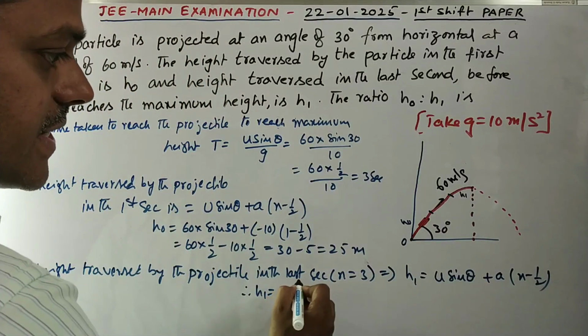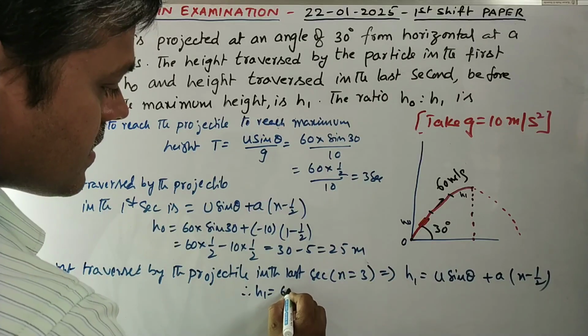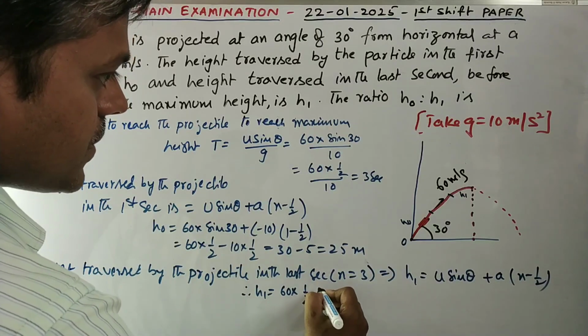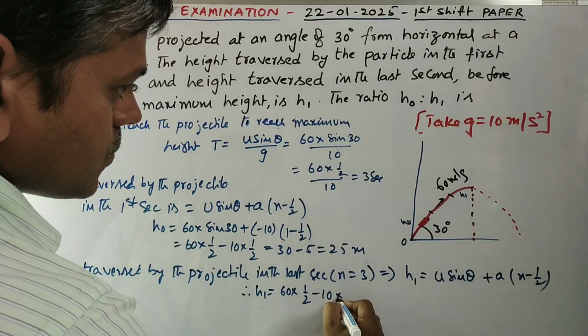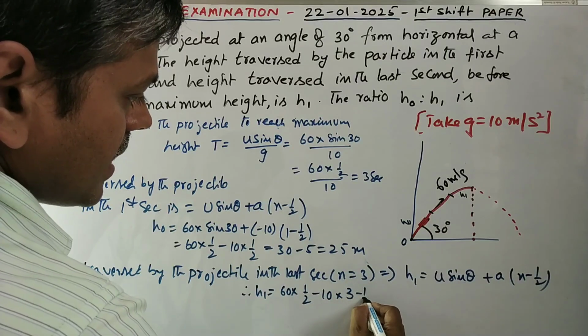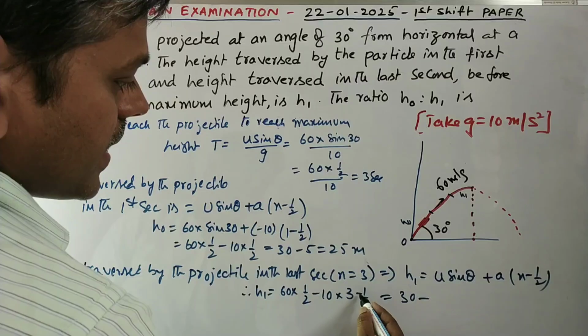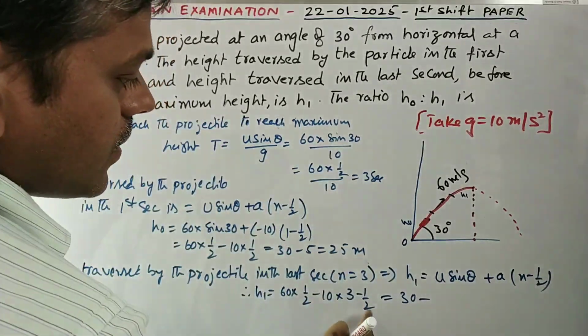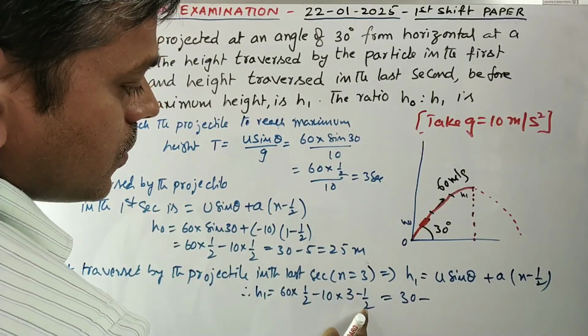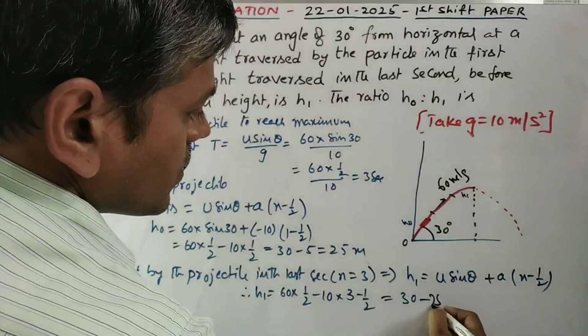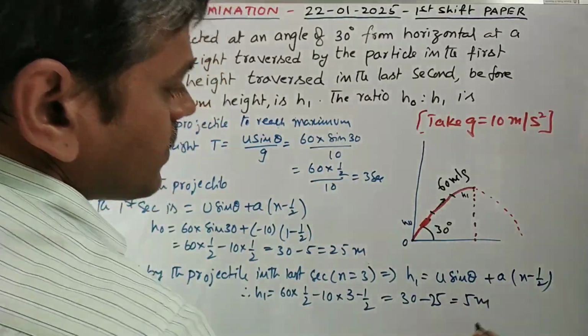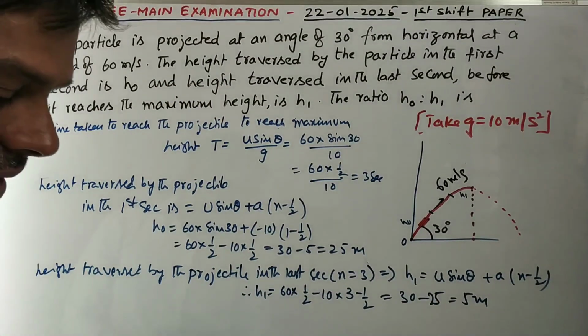Therefore h1 is equal to 60 into sine 30 is 1 by 2, minus 10 into n equal to 3 minus 1 by 2, which is equal to 30 minus 5 by 2. That means 2 3 is 6 minus 5 by 2, 2 and 2 5. That means remaining is 25 by 5, 5 meter.